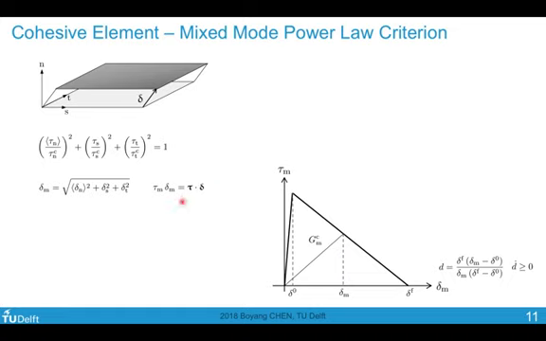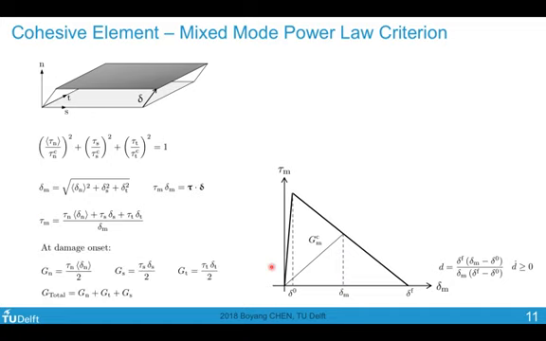This is a measure of energy, and this would mean that they are energy conjugates. Based on this criterion, I can then express Tm in terms of this strain energy divided by our previously defined delta m.